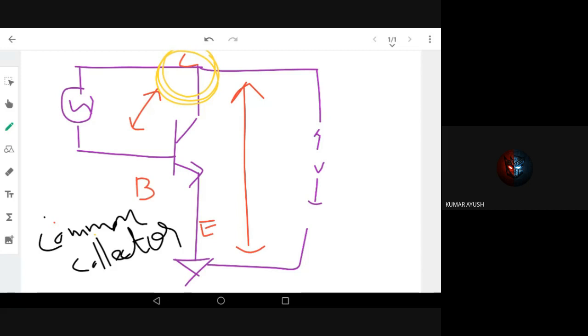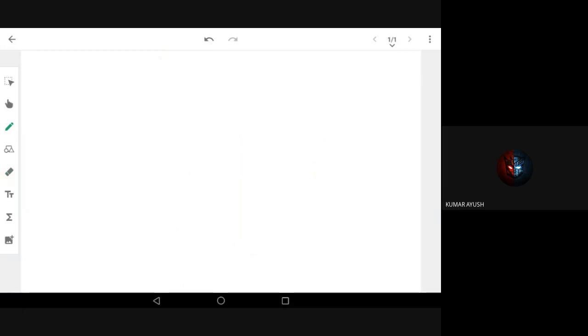Now let's go into a real circuit of common emitter and start plotting some graphs. I'm going to draw a real common emitter which you can practically use. Here I have an NPN transistor, and I give some base resistance to control the base current, and I give a voltage VBB here.